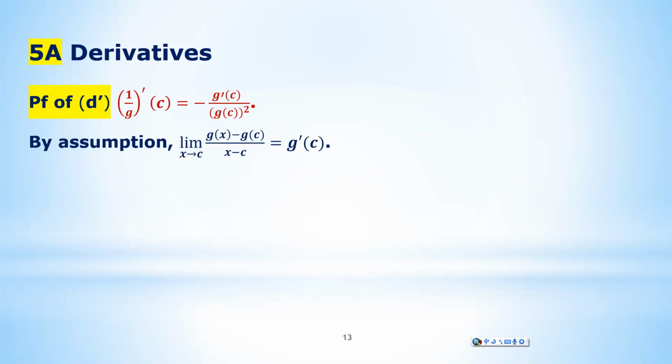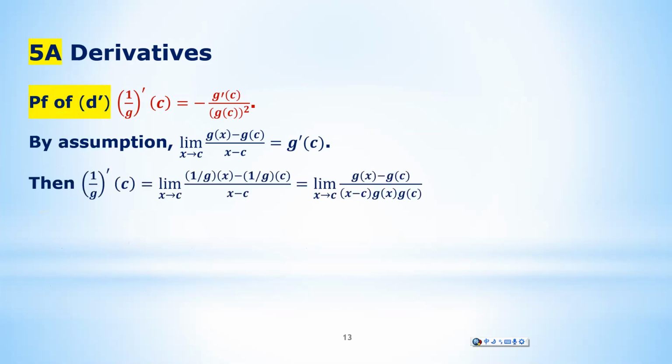Again, by the assumption I know the limit for G. So I look at using the derivative concept applied to 1 over G. We want to show 1 over Gx minus 1 over Gc, divided by x minus c. Now on the top you have two different fractions, and you can combine these two fractions together.